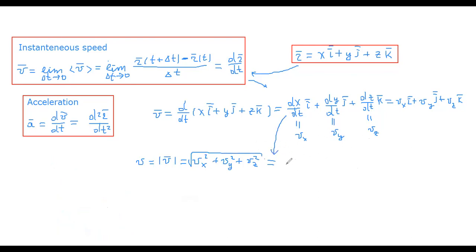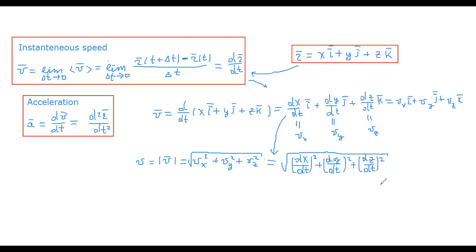If we do this, we can write something like this: (dx by dt) squared plus (dy by dt) squared plus (dz by dt) squared.